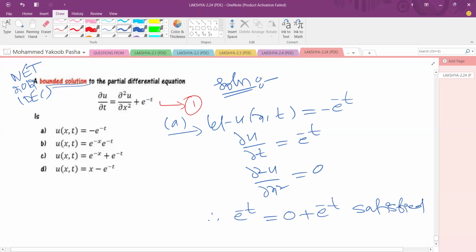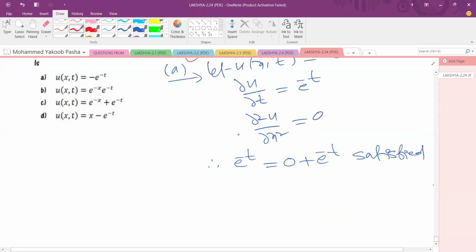Satisfied. So this is one solution. Okay. It is a solution. We also have to check whether it is a bounded solution.